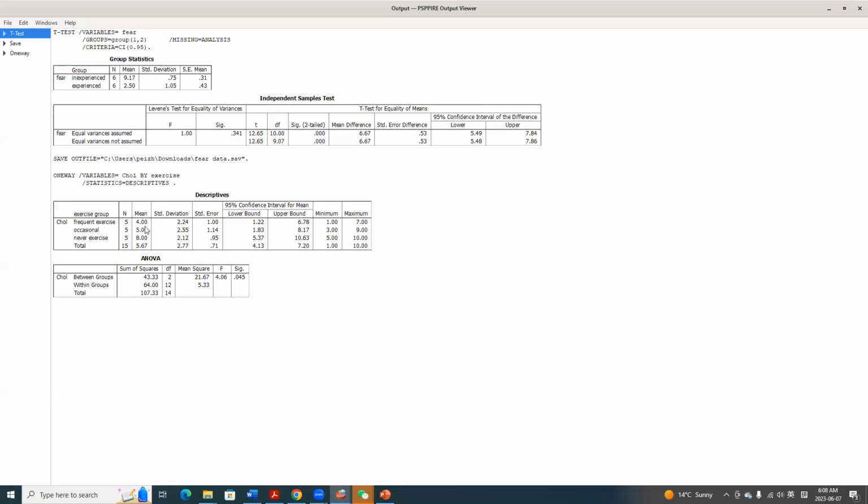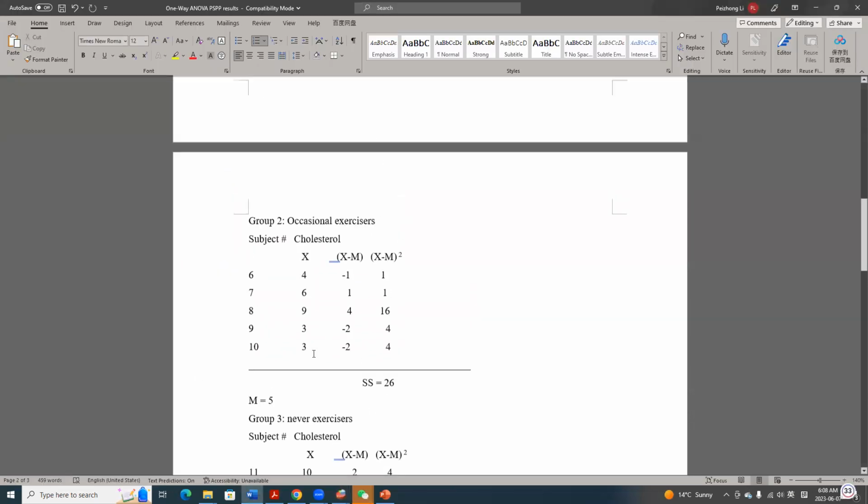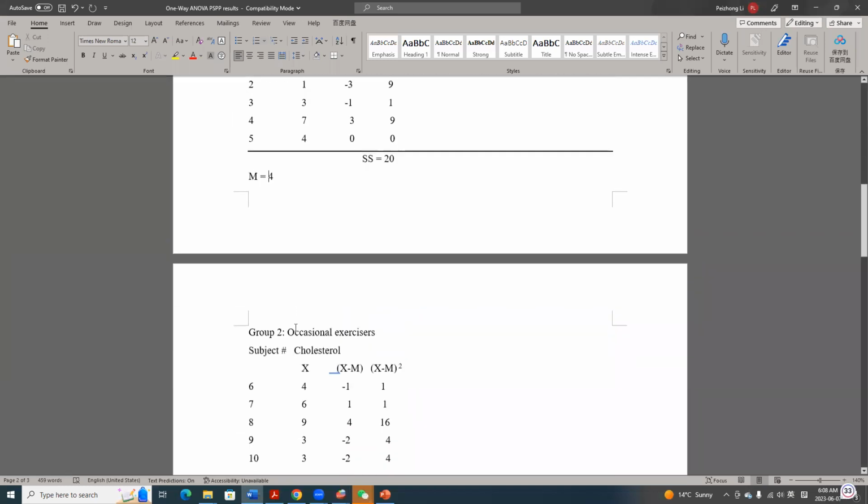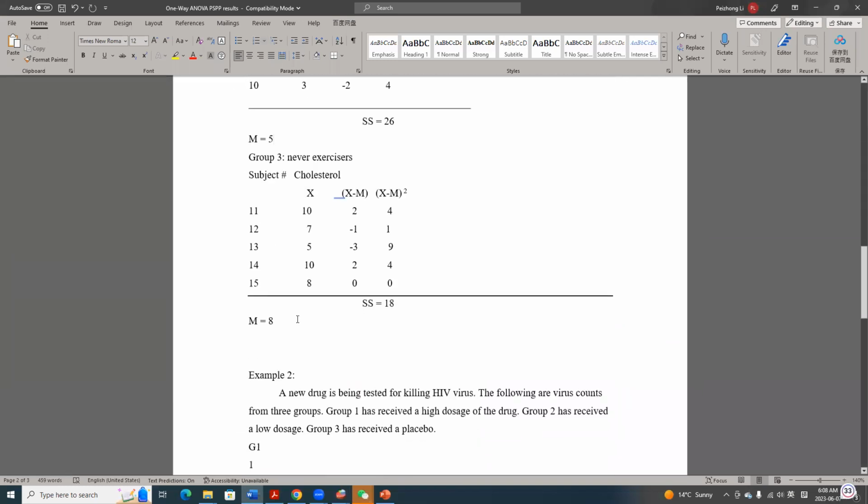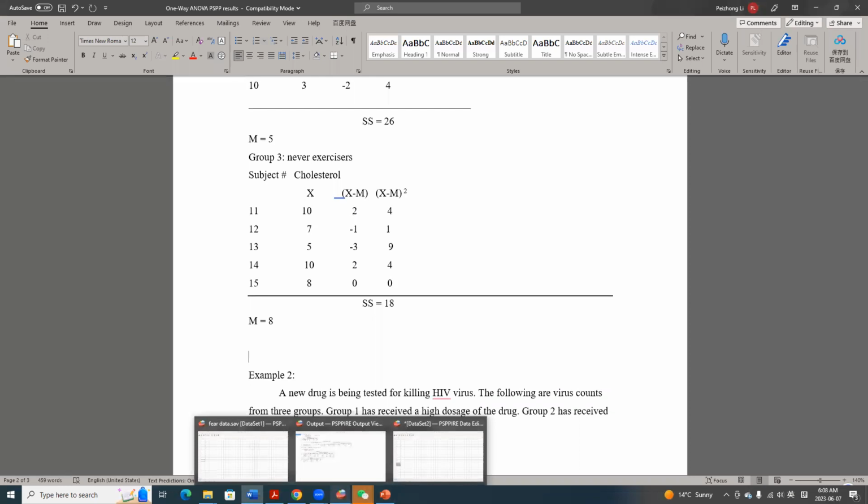Let's check the means: 4, 5, 8. Good. We didn't make any mistakes in entering the data. All the data are correctly entered.